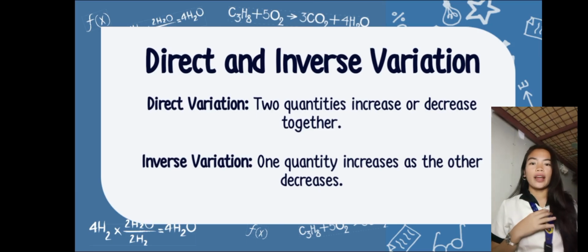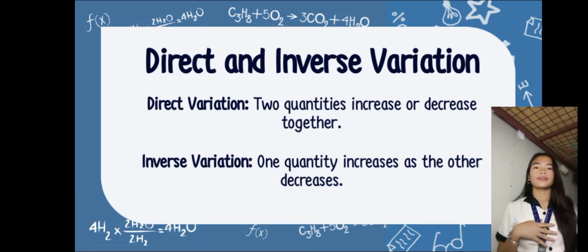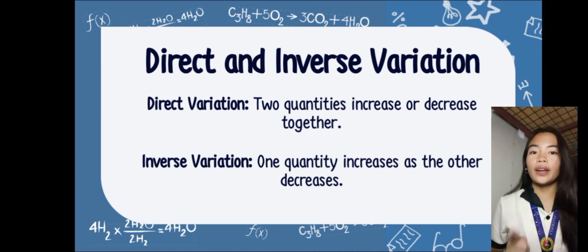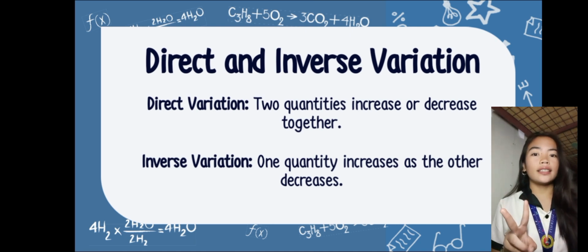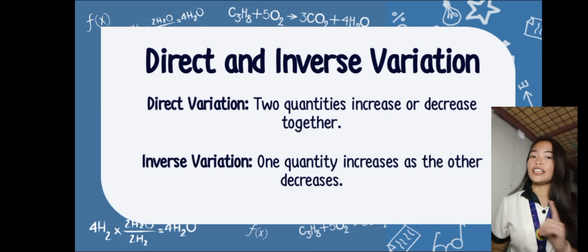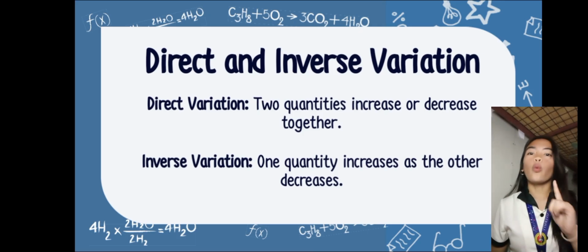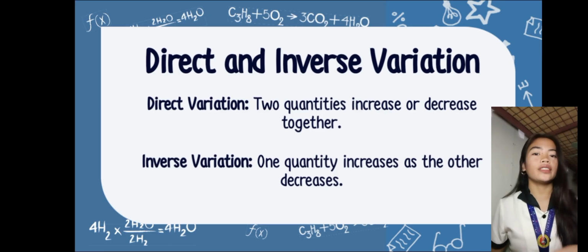Next is direct and inverse variation. In direct variation, two quantities increase or decrease together. In inverse variation, one quantity increases as the other decreases.